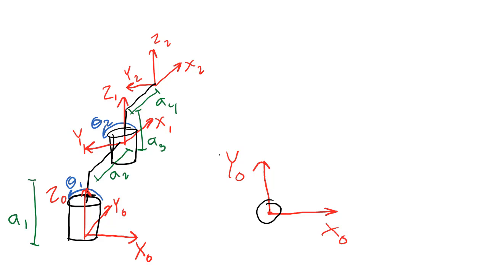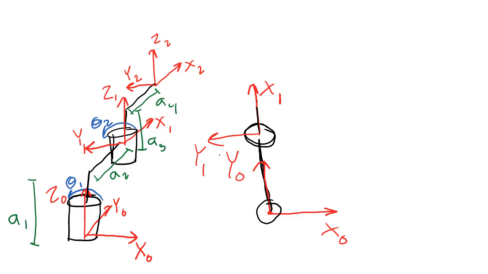Next, we would see the link A2 pointing in the y direction, like this. We would then see the joint 2 also looking like a circle. We would see the axis x1 pointing up like this. And we would see the axis y1 pointing to the left like this.